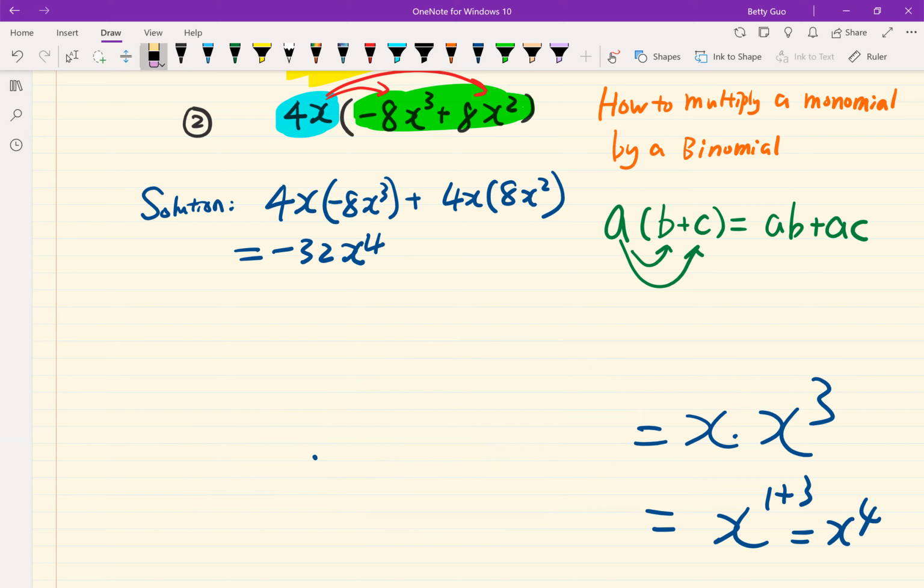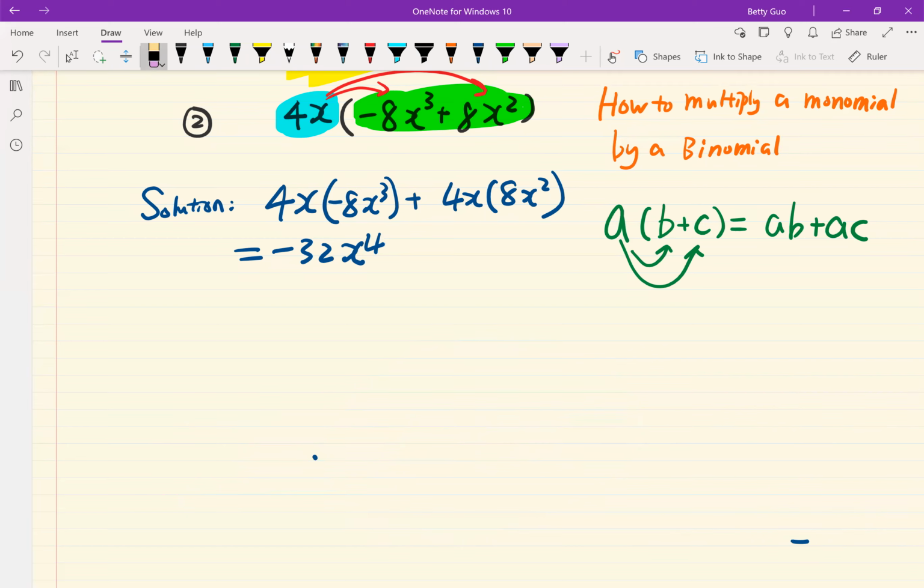The second term, we are looking at a product of two monomials, monomial 4x and monomial 8x squared. Again, how do we multiply two monomials? We multiply their corresponding parts, right? Every monomial has a coefficient and a variable part. 4 times 8.